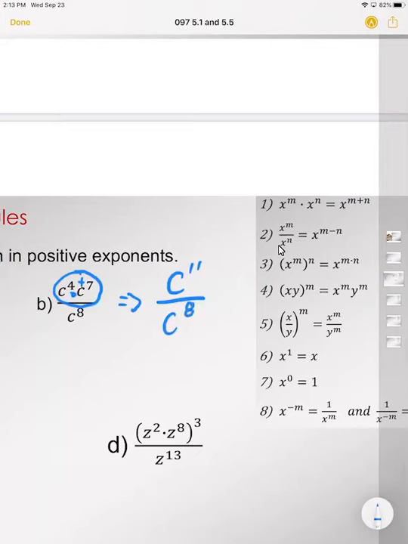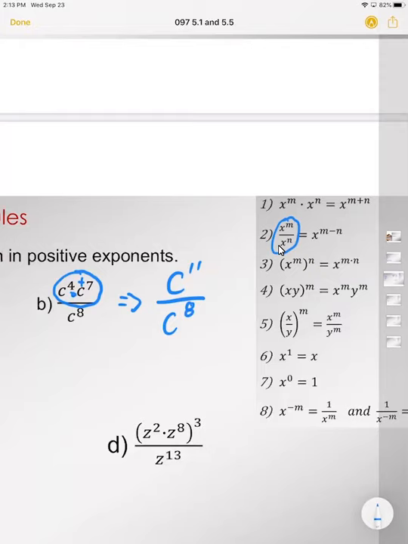Given this structure, now I'm done with the product. Now we can see that we have a quotient rule left, right? The quotient rule tells me that I need to take the exponent of the numerator minus the exponent of the denominator.